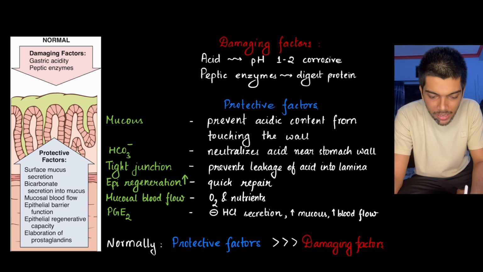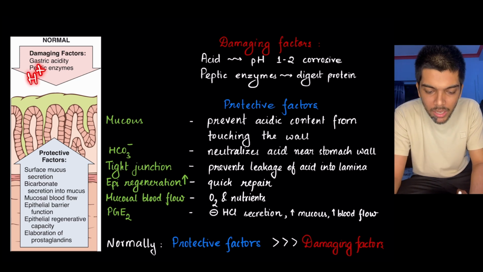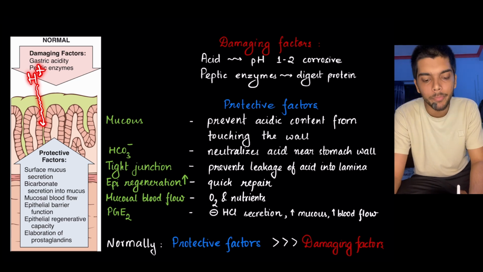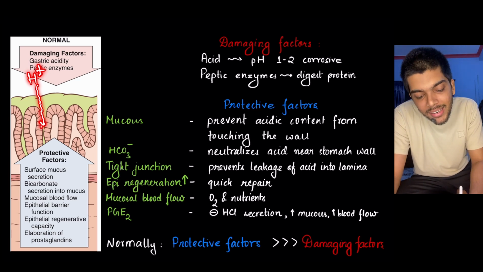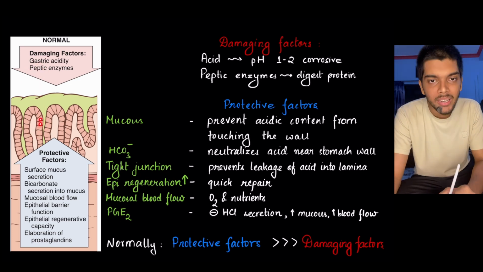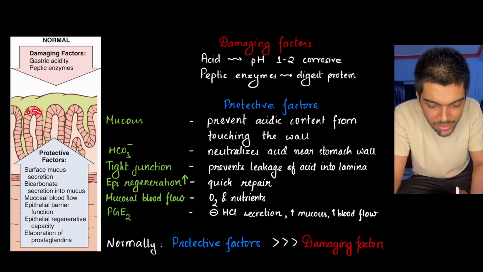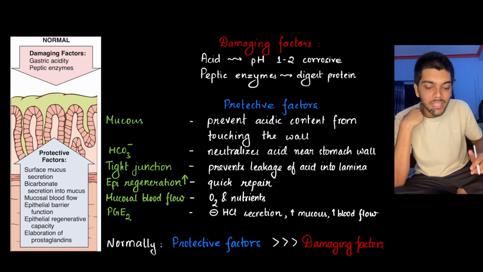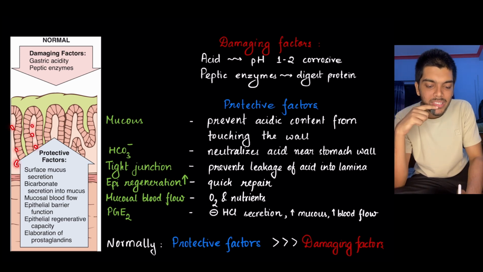Next, let's say somehow the H plus from the lumen of the stomach passes through the mucus and the bicarbonate and reaches the epithelium. It is unable to leak inside. Why? Because in between these epithelial cells, there is presence of tight junctions. So tight junctions prevent the leakage of H plus ions inside the lamina propria.